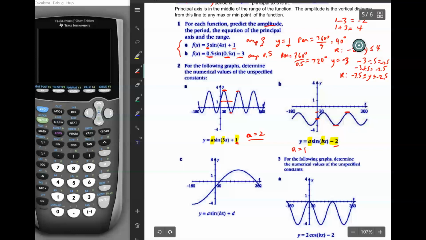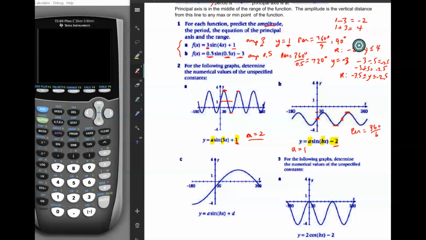They gave us that the period is equal to 360 divided by B. In this case, we want to know what B is. So we're going to put the period here. And so it looks like one period is like that much.